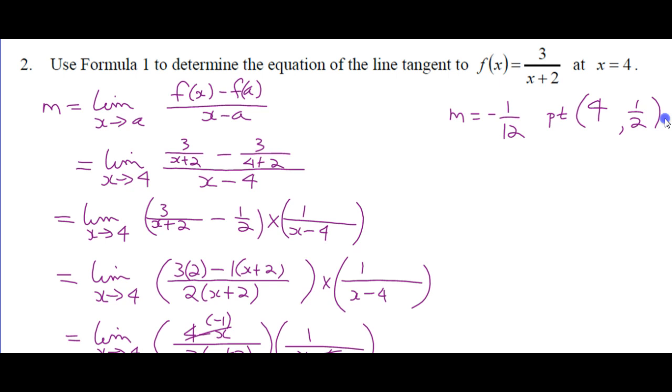We've got the slope. We've got the formula for the equation of a line given point and slope, right? Use your favorite. There are variations of this formula, so whatever you like. So what do we got? Y minus 1/2 is negative 1/12 times x minus 4. You've got to get rid of fractions, right?